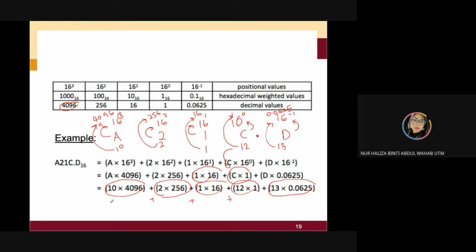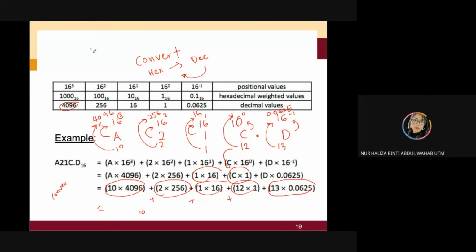Then you will get the answer in decimal. So this is how you convert from hexadecimal to decimal. Later on, you're going to also try decimal to hexa.